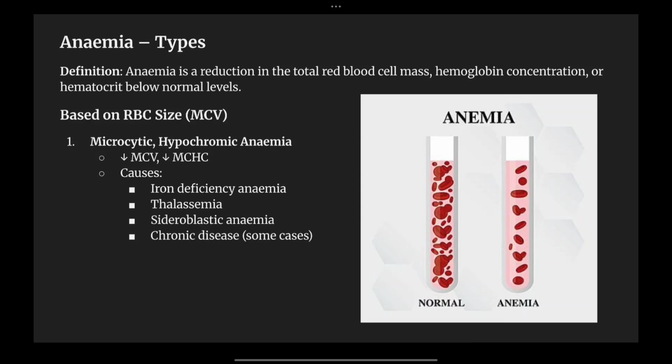MCV is mean corpuscular volume, or the average size of a red blood cell. You can learn MCV in the previous video, but I'll tell you the normal range over here. MCV should normally be around 80 to 100 femtoliter, and the formula and the levels of increase or decrease are given in the previous video.